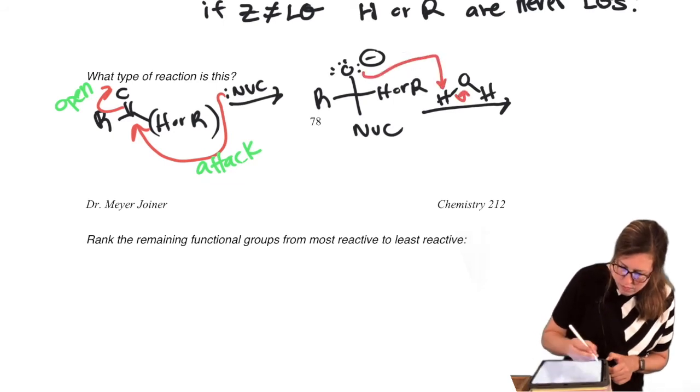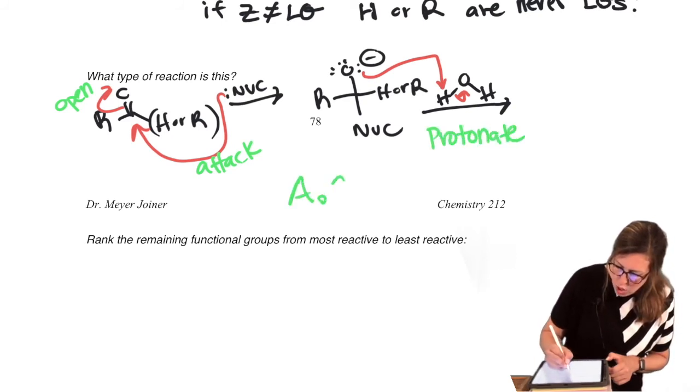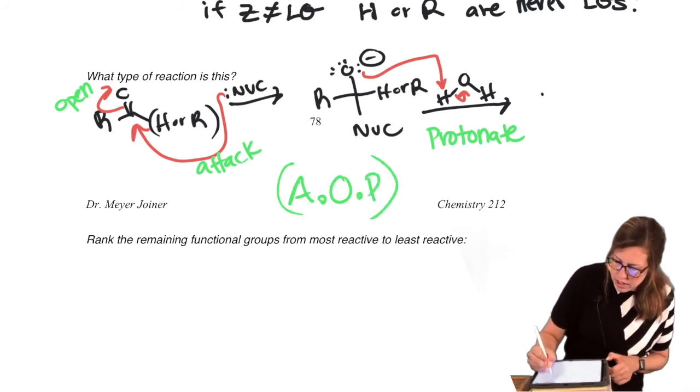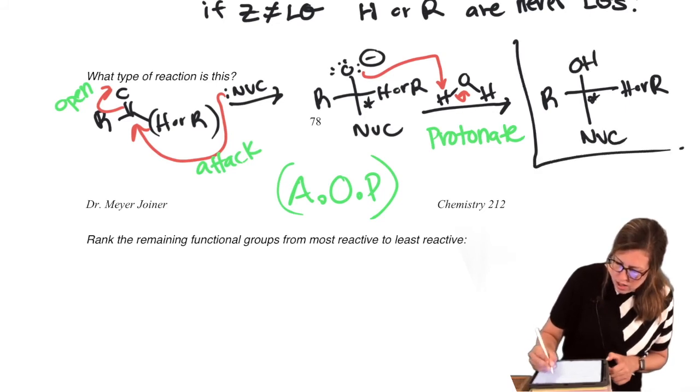Protonate. So we have AOP. What does our final product look like? The tetrahedral, very likely now chiral, or at least you have to consider that, alcohol.